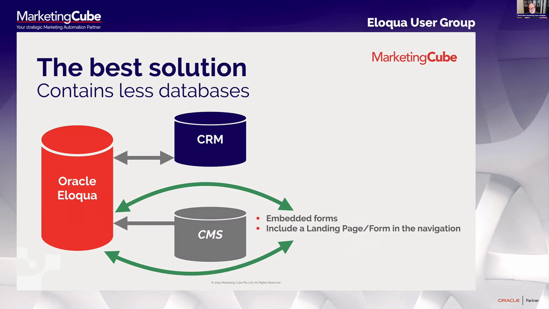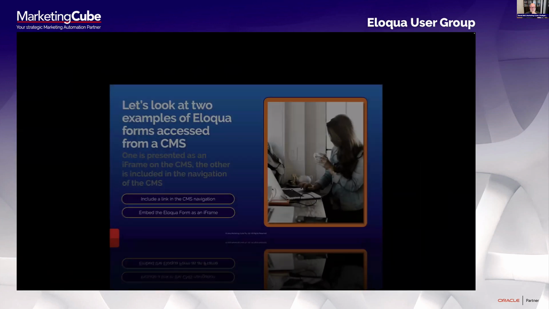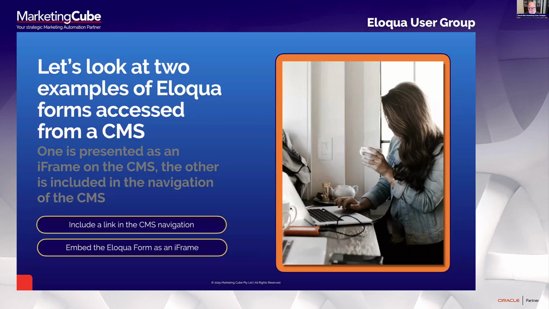So we reduce that step. We go directly from the form directly into Eloqua. And then from there, depending on what your requirements are, it can flow directly into the CRM platform as well. If you're talking to the people in IT, they would probably like that solution. Less is more, basically, and certainly a more secure approach.